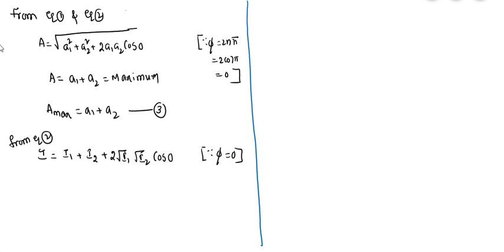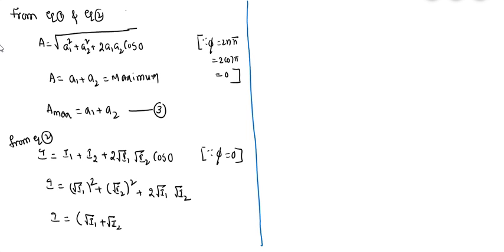If you substitute it here, then you will get I is equal to root I1 square plus root I2 square plus 2 root I1 root I2. From this we can also write it like this: this is nothing but root I1 plus root I2 whole square.